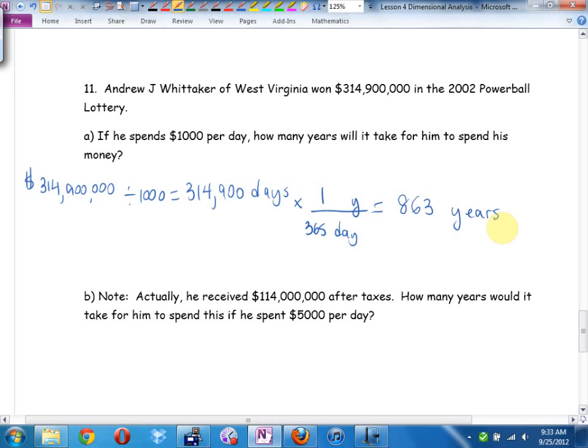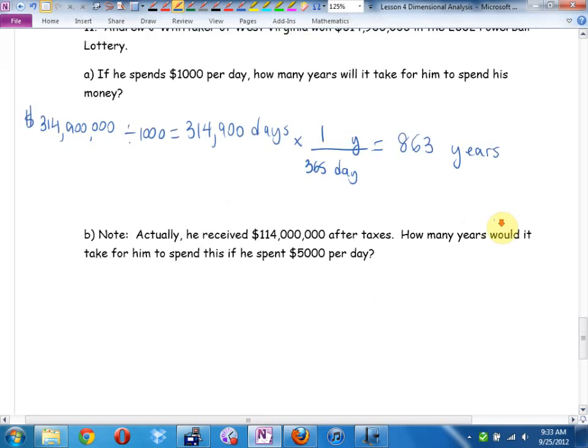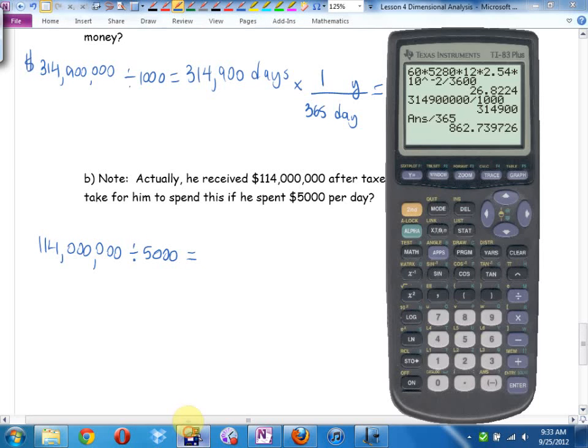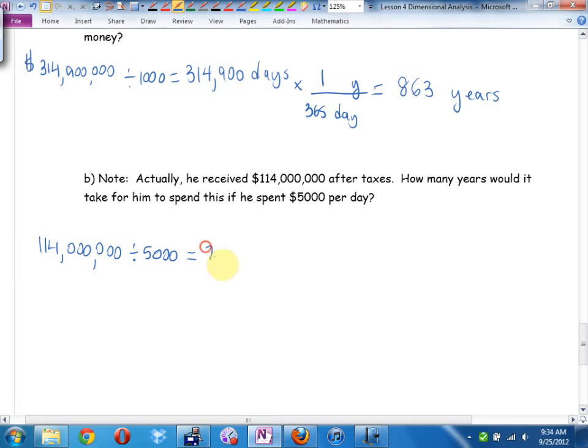Well, you know what? I heard Zach, why not spend town? Let's spend $5,000 a day. And let's look at the after-tax amount. Okay? So let's take this $114 million, and let's divide it by 5,000 to see how many days that is. 22,800 days.